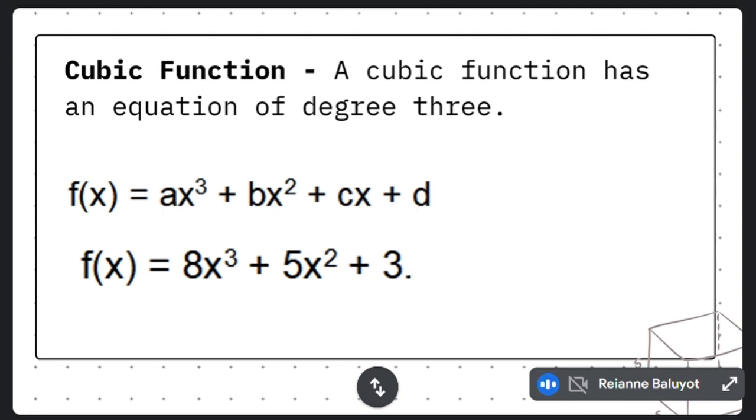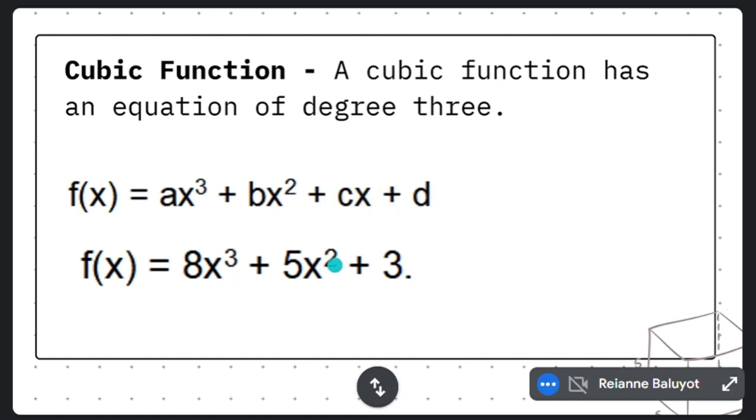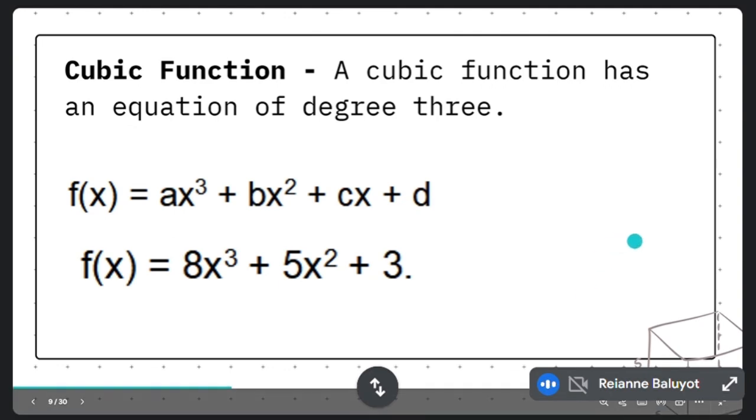So we have here an example, which is f of x equals x cubed plus 5x squared plus 3. As you can see here, we have two degrees, which are 2 and 3, but the highest degree in this function is 3. So this is an example of a cubic function.